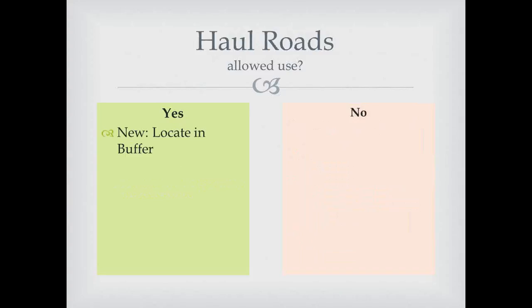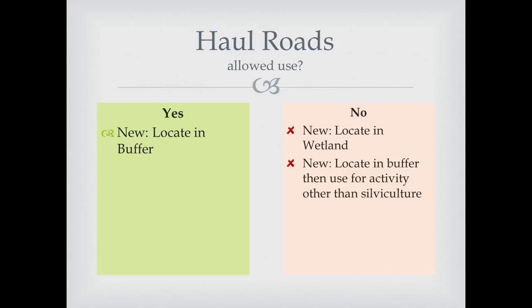So haul roads, truck roads, those that are actually built up infrastructure involving fill, culverts, all of those things that you need to actually use for trucks. If you locate it in the buffer, that's considered an allowed use. If it's new and you locate it in the wetland, that's something that needs a permit.